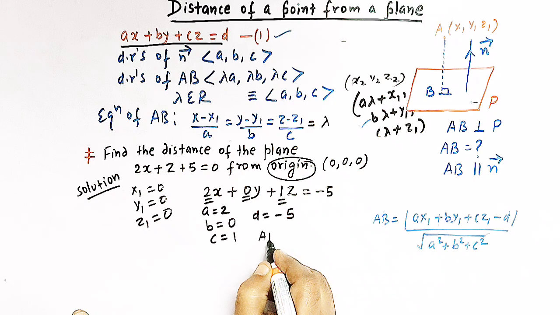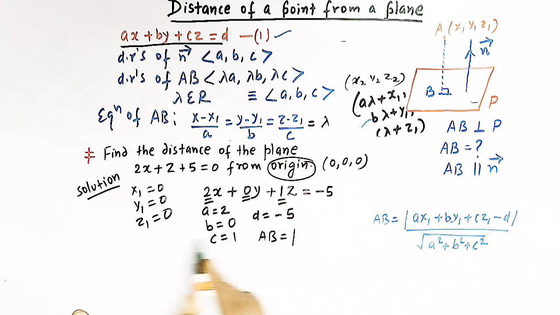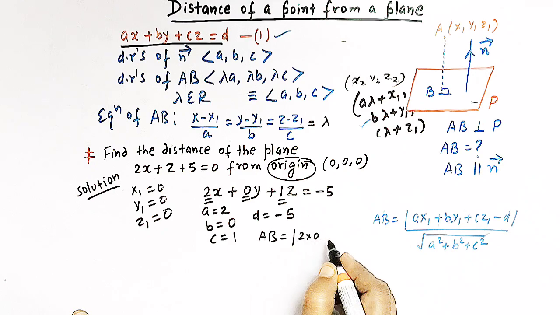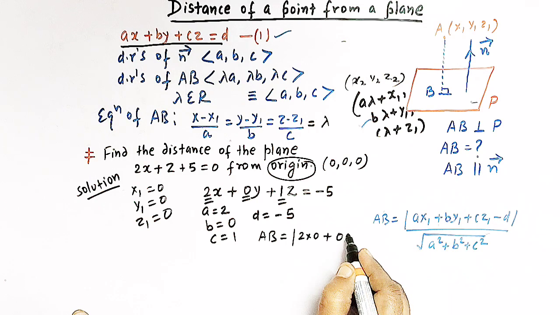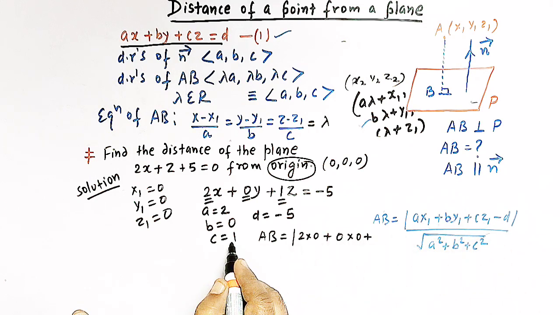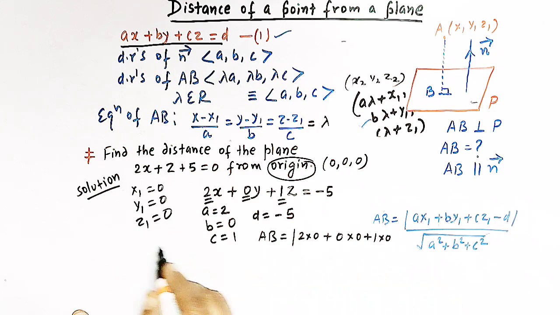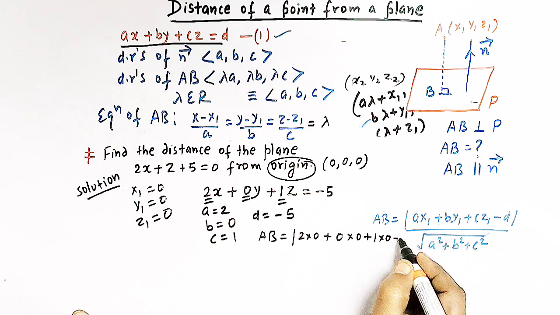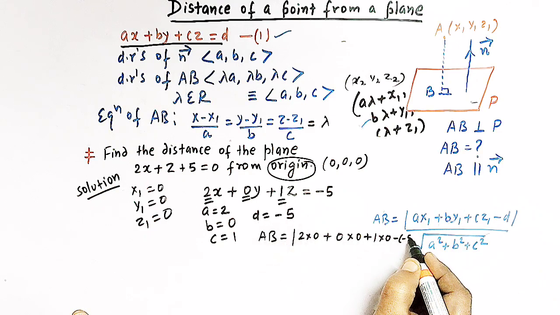So we have AB is equal to mod of Ax1. A is 2, so we have 2 times 0. Then we have By1, that is 0 times 0. Then we have Cz1, C is 1, z1 is 0, so 1 times 0. And then we have minus D, where D is equal to minus 5.